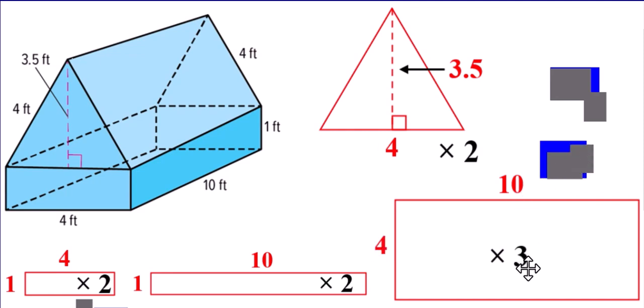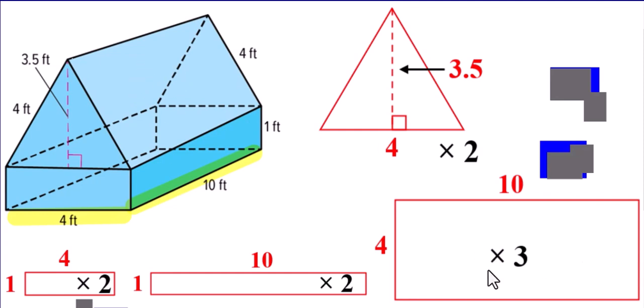Oh, I overlooked this. There's 3 of them. You're like, wait a minute. There's only 2 slanted rectangles. I know. But did you notice the rectangle at the bottom is also 10 feet long and 4 feet wide, which is the lengths of the slanted rectangles.